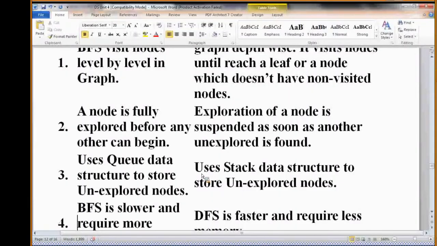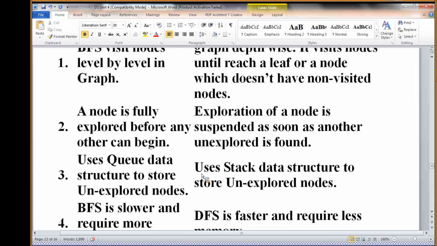Please note down: write down the algorithm technique first. After that, I will store the explored nodes using a queue in the case of BFS and a stack in the case of DFS, and how the exploration will be done.